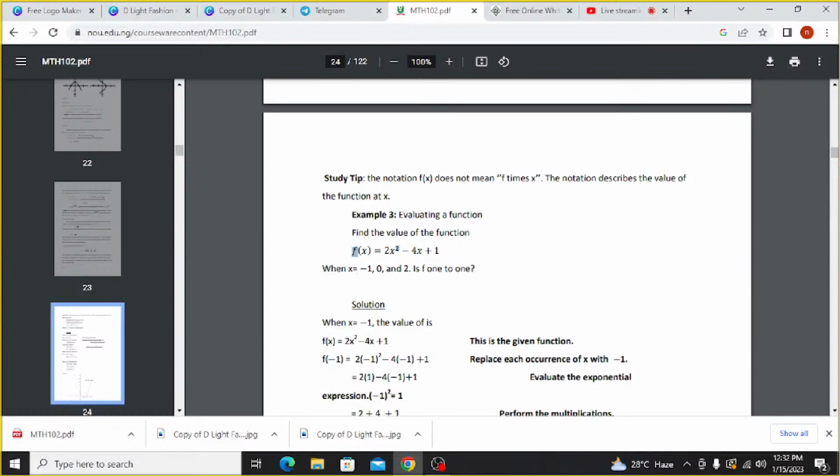Is it f(1 to 1)? What it means is that if all these values are different, then our function is 1 to 1. But if the values are not all different, our function is not 1 to 1. Now let us try it.